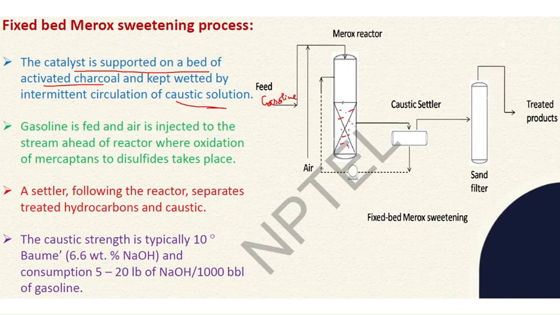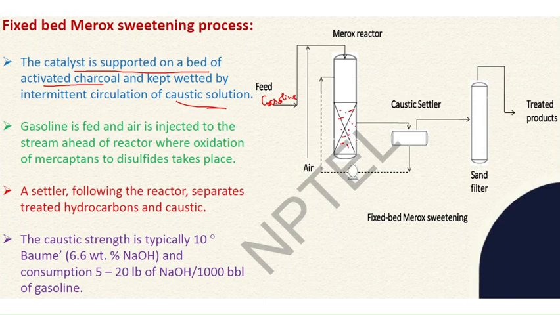Along with the air, it is fed from the top, and the air is injected into the stream ahead of the reactor, and when it comes in contact with this catalyst, the oxidation of mercaptans to disulfides takes place here. After that, a settler following the reaction separates the products.